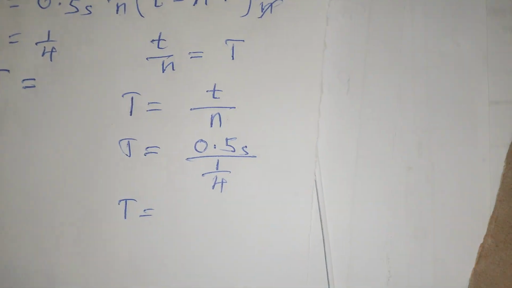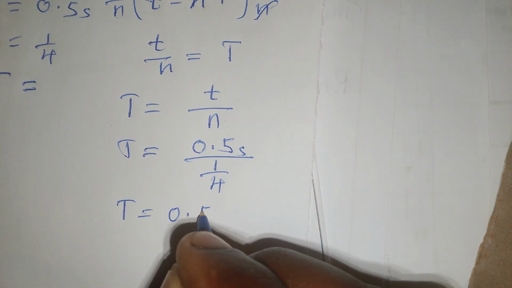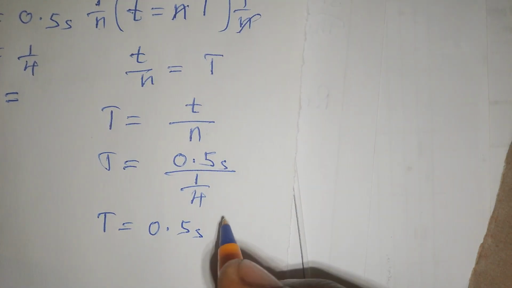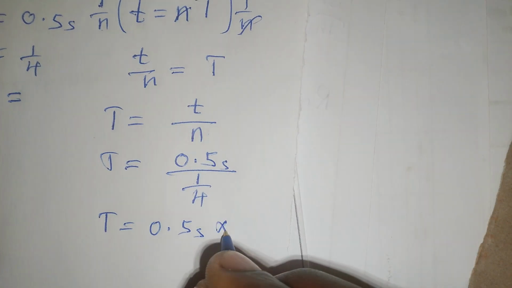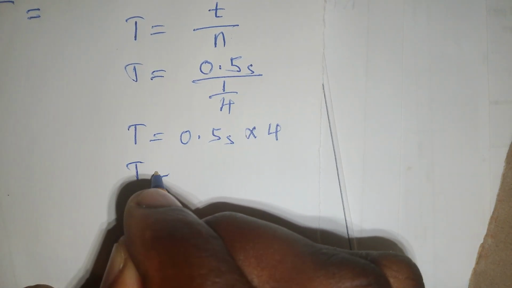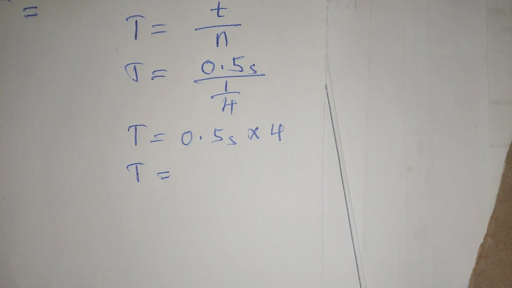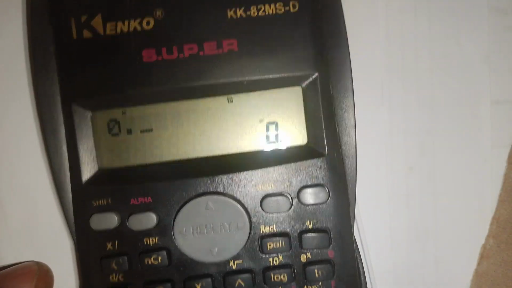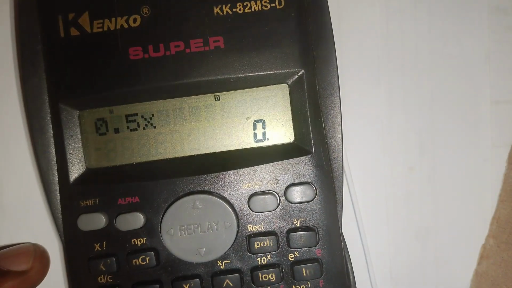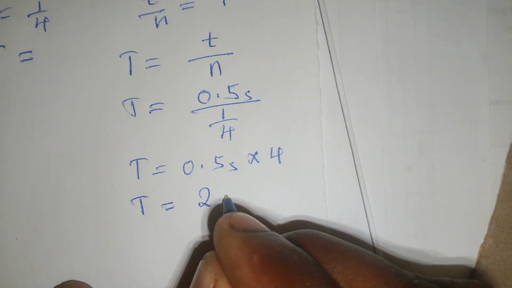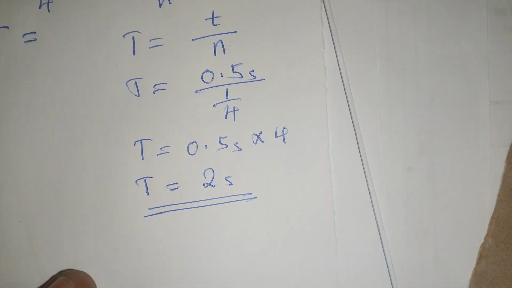So period is equal to 0.5 seconds times the reciprocal, times 4. You can punch your calculator: 0.5 times 4, you get 2 seconds. So the period is equal to 2 seconds. Once you reach here, you are done.